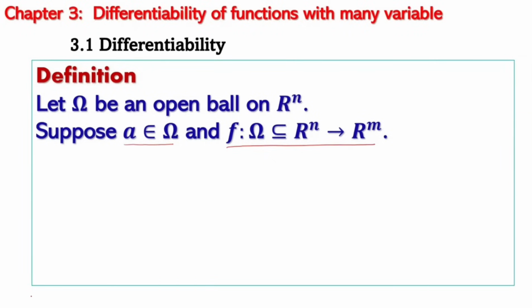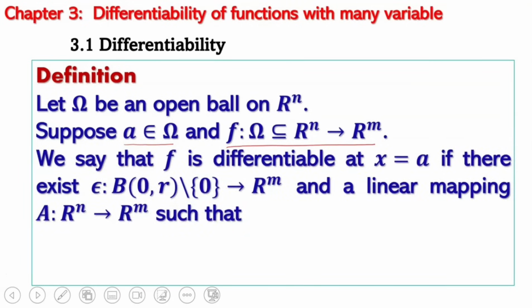Then f is differentiable at the point x = a if there exists a function epsilon from B(0, r) to R^m and a linear mapping A from R^n to R^m.